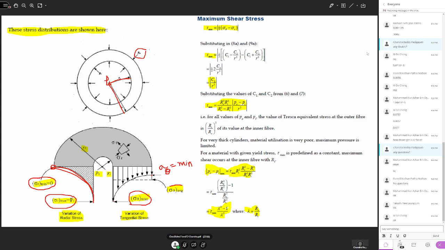Within the thick wall cylinder, we can define the average tangential stress, sigma theta average.